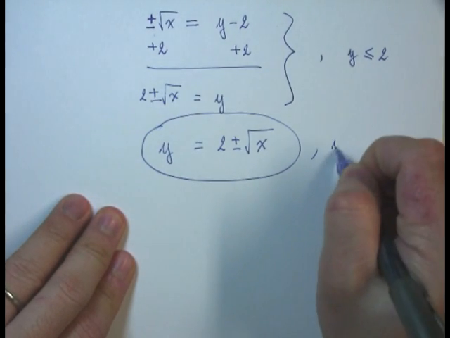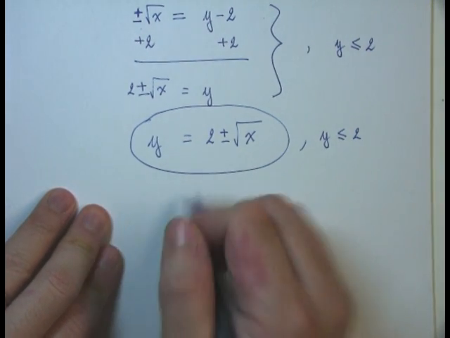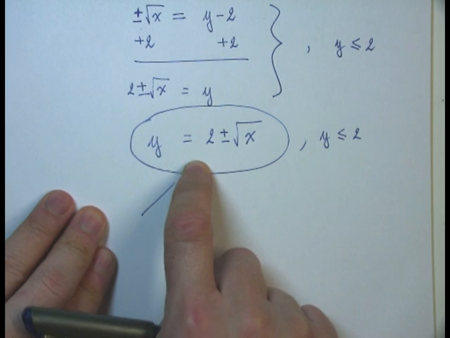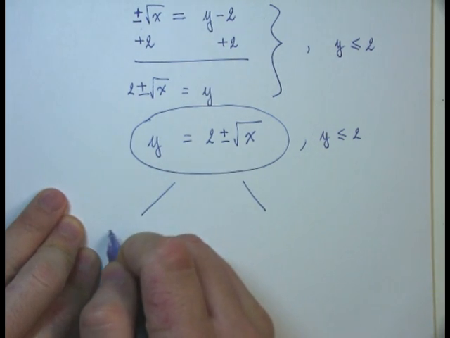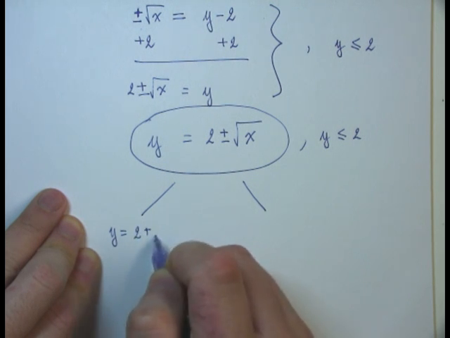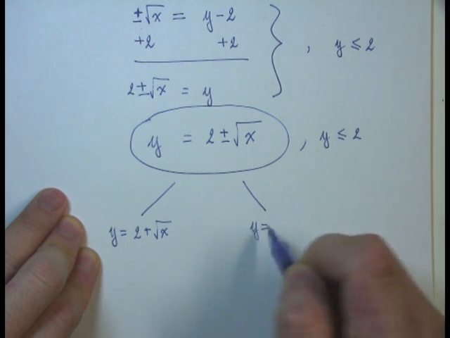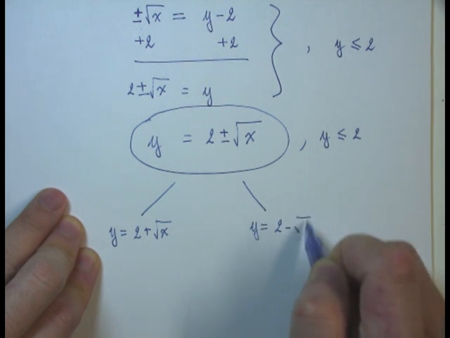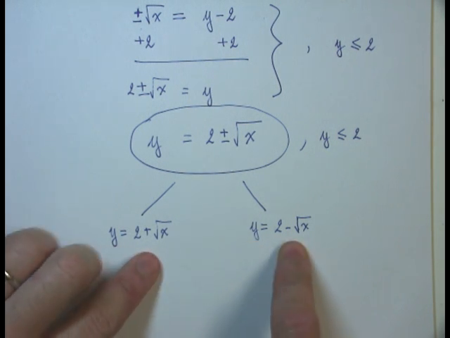And by the way, here's the condition. On one hand, I have my y variable equal to 2 plus the square root of x. And on the other hand, y equals 2 minus the square root of x. So keep in mind, one y variable equals two different things.